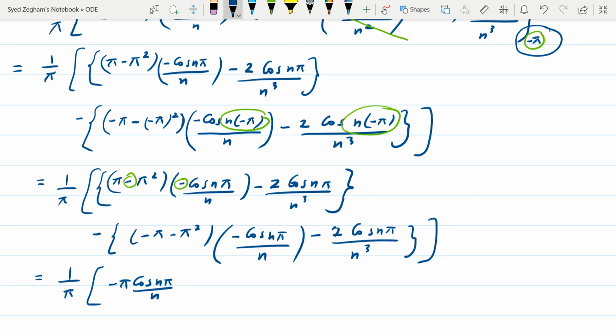So this gives us plus pi square cosine n pi divided by n. This is also fine. Third term is minus 2 cosine n pi divided by n power 3.